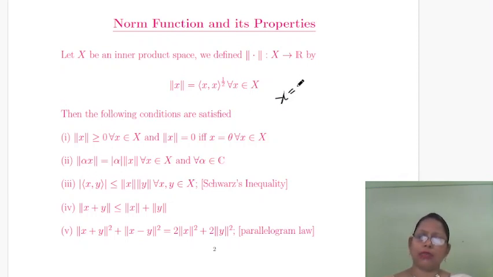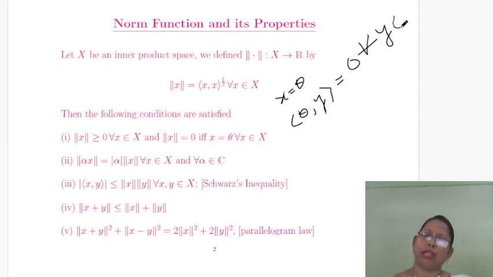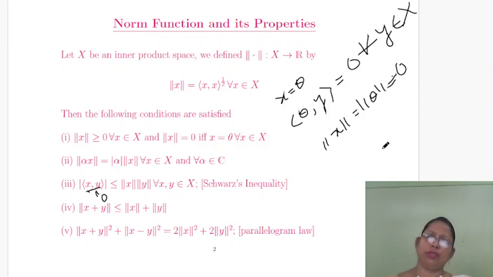Suppose x equal to theta vector, then inner product of theta comma y is 0 for all y belongs to X. So the left side is 0, and norm of the null vector theta is 0.